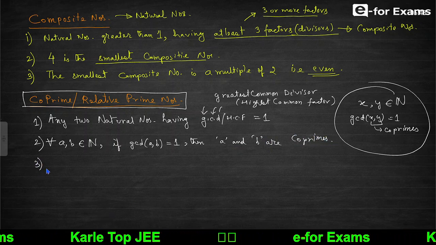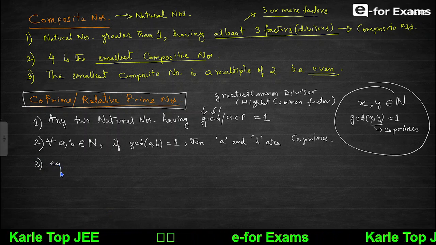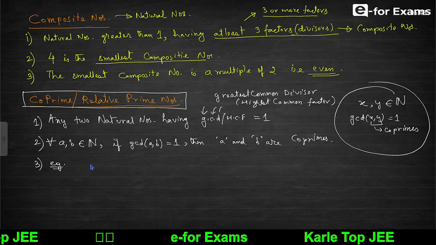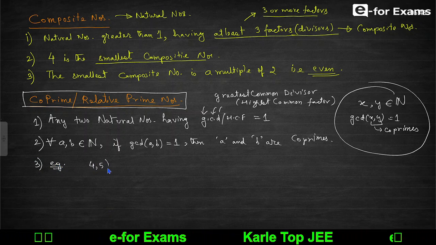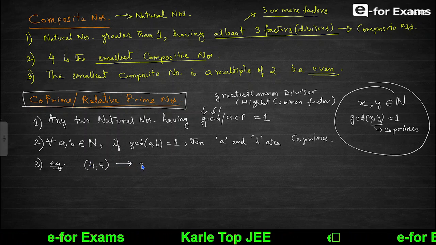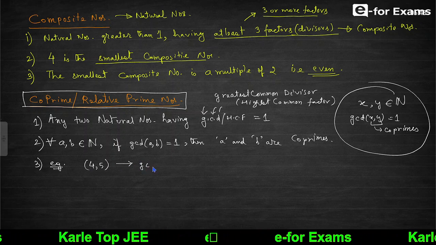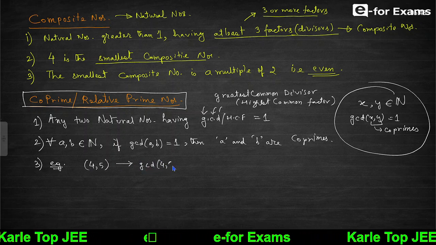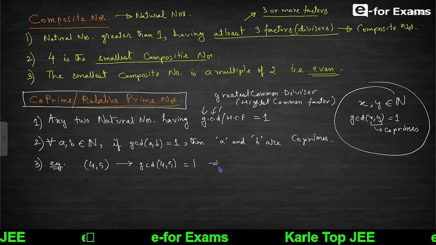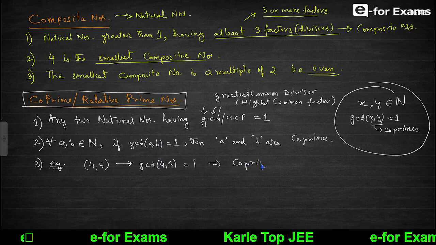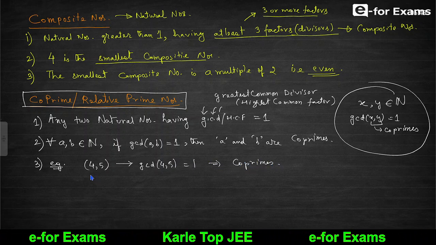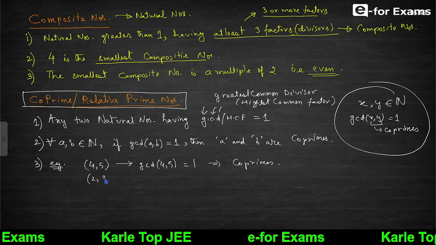Point number 3, examples. Let's take 4, 5. GCD of 4, 5 equal to 1. So they are coprimes. 2, 3.